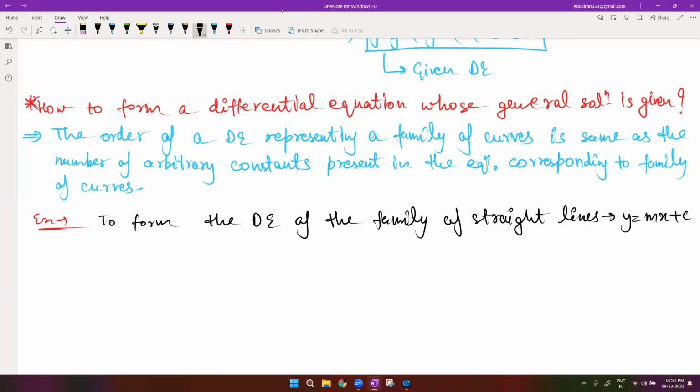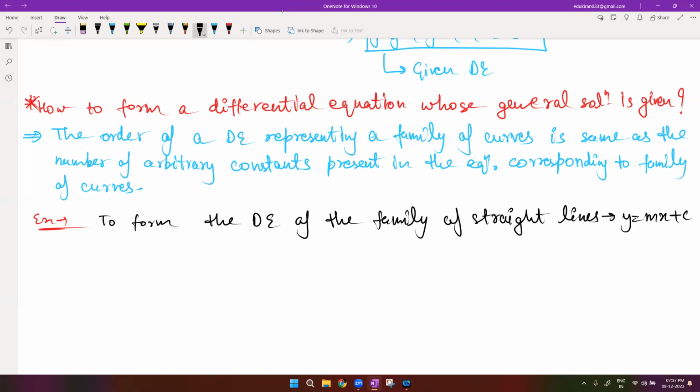So if I'm given this general solution and I have been asked to form a differential equation of it, I can represent this question as finding the differential equation of the family of straight lines, right? Because this equation represents straight lines. Generally, this is a general equation of straight line, right? So I'm basically trying to find the differential equation that represents all the families of straight line, right?